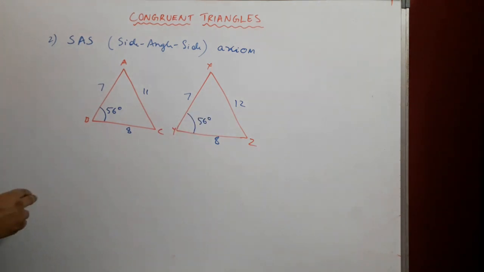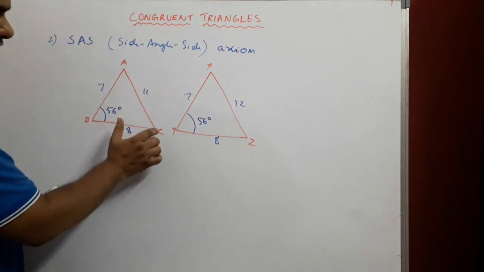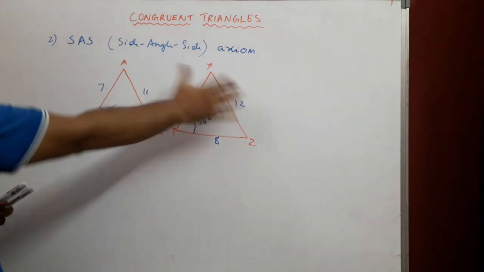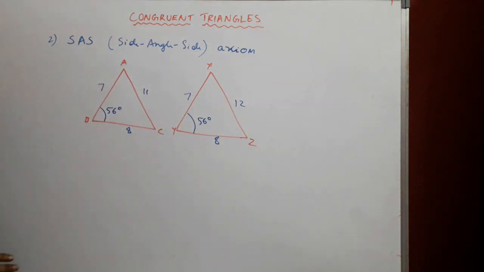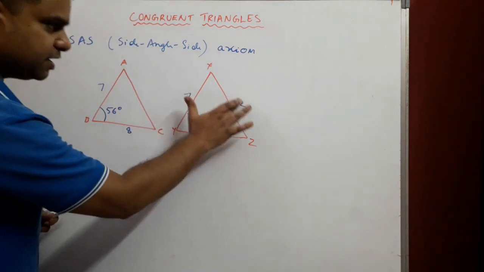It doesn't quite matter what the third corresponding side is. AC is obviously not equal to XZ, but we don't really bother about it. So we can erase this part.